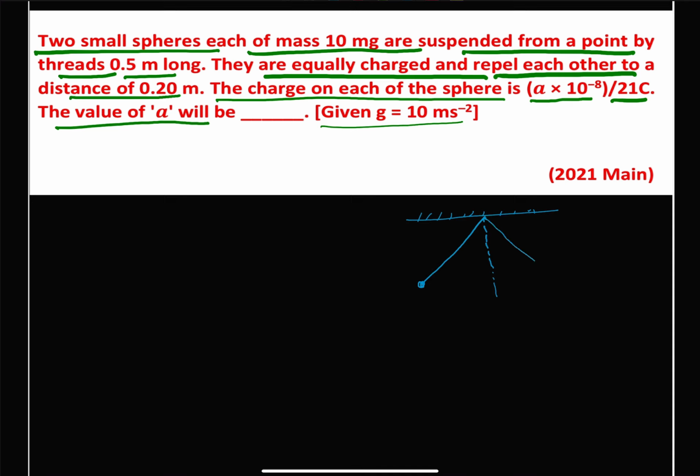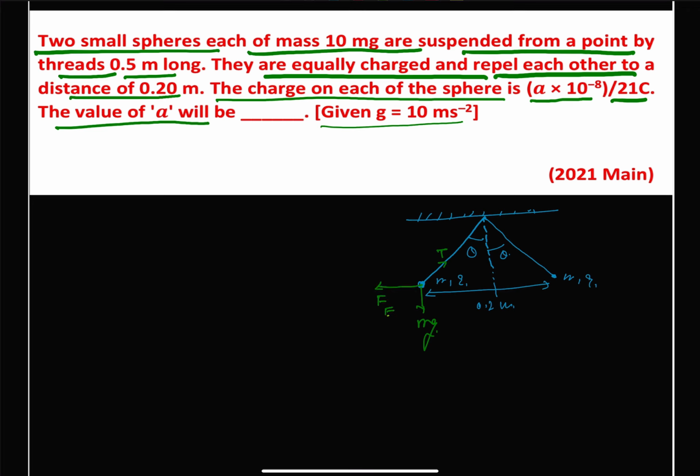This distance is given to us as 0.2 meter, and each has a mass of m and charge q. Let us suppose it is making angle theta with the vertical, and there will be tension T, mg in the downward direction, and there will be electrostatic force. Let us suppose that is Fe.